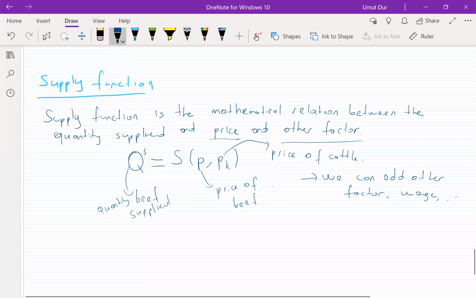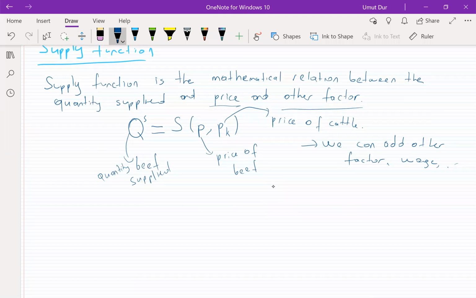And again, this is not the explicit form of the supply function. So in order to see the effect of the change in the price of the beef, or the change in the price of the inputs, the cost of the inputs, we can explicitly write this supply function as follows, with the constants.